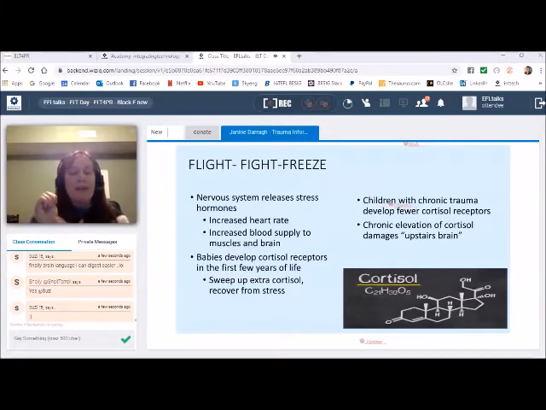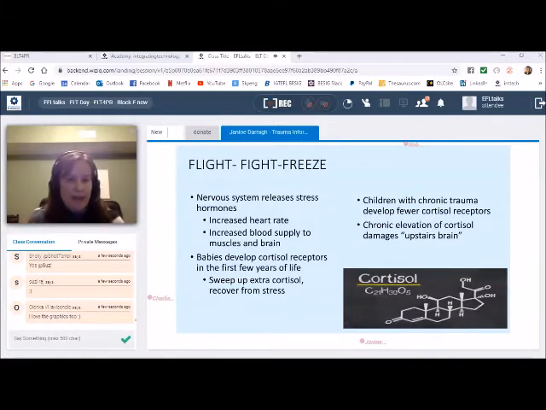And so those basic functions, my heart rate speeds up, there's more blood to my muscles and my brain. So we hear stories of people who are able to run very fast or have superhuman strength in a time of crisis. So all of those hormones are here in our downstairs brain to help us survive.